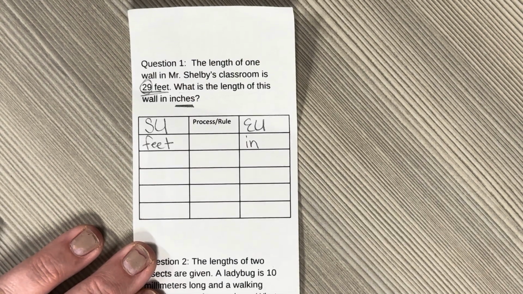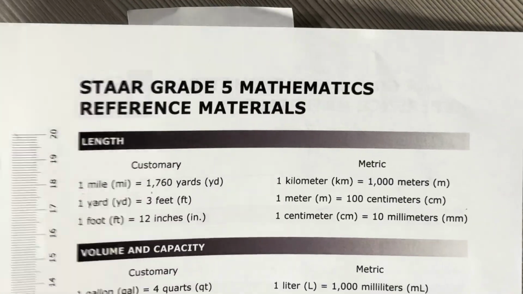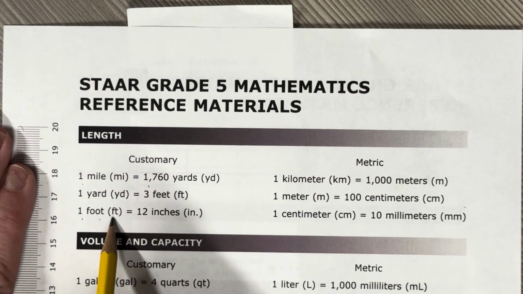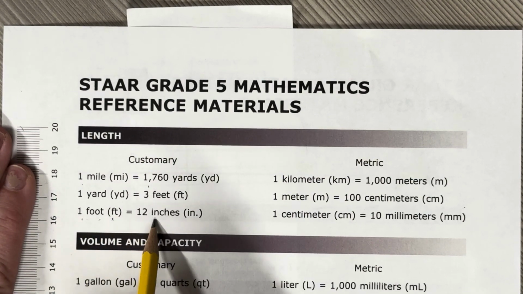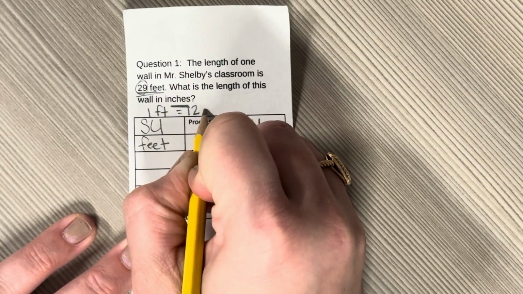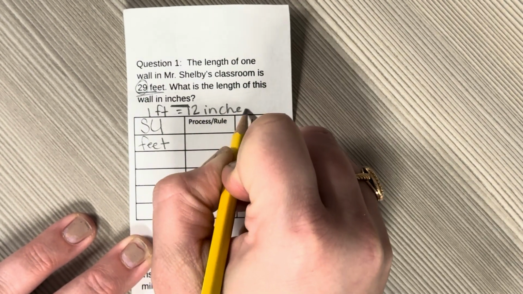Now I'm going to my reference chart to find a comparison between feet and inches. 1 foot, abbreviation feet, is equal to 12 inches. So 1 foot is equal to 12 inches.